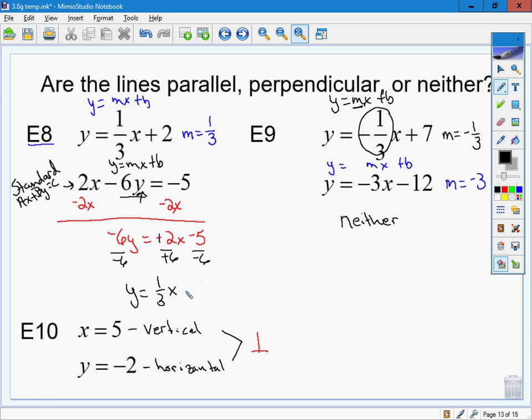Negative divided by a negative makes a positive, and 5 over 6 is going to stay 5 over 6. So we can see the slope of this line is 1/3. And because these two slopes are the same, these two lines would be parallel to each other.